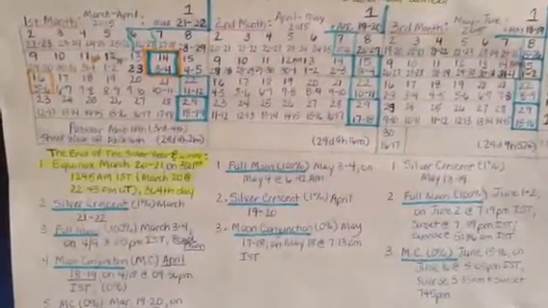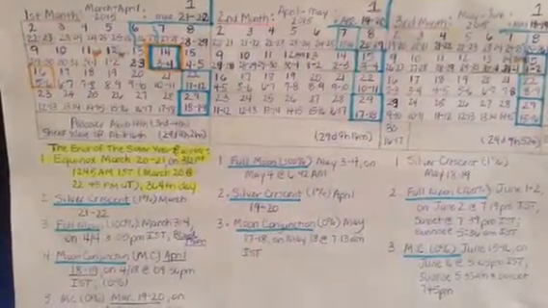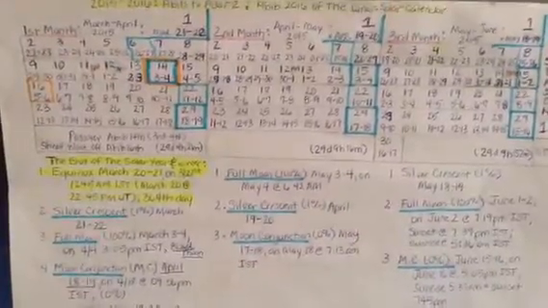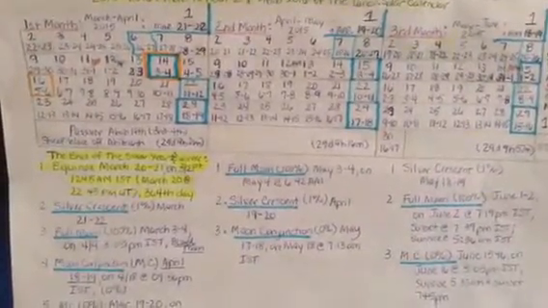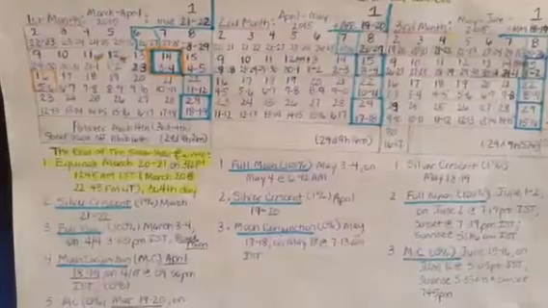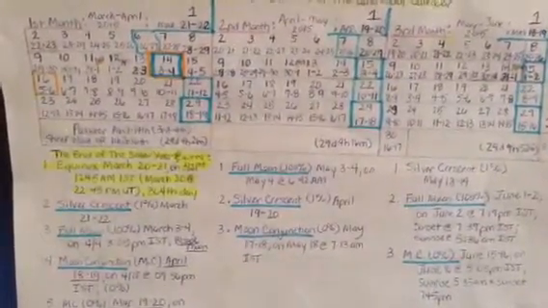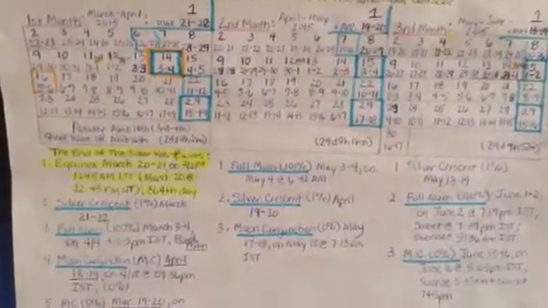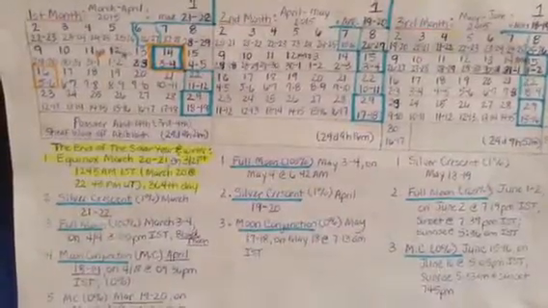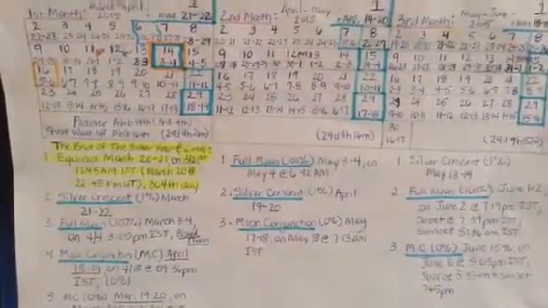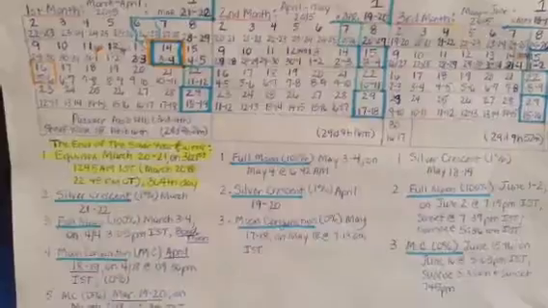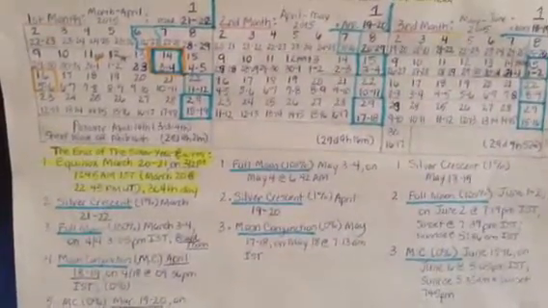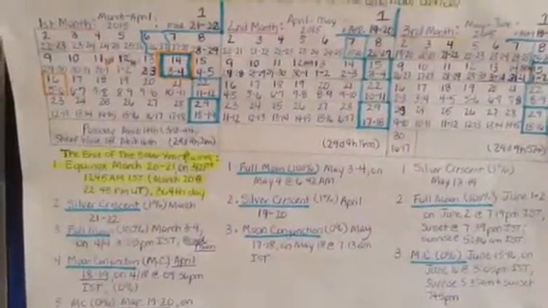And in the year of 2015, that occurred on March the 20th. So the solar year began on March the 21st. That's very important because the equinox represents the last day of the 12th month of the solar year. It also represents the last day of winter. So this is why my solar year will begin on the 21st.